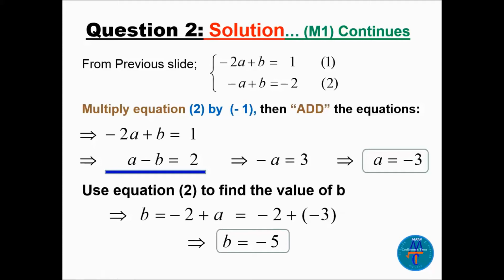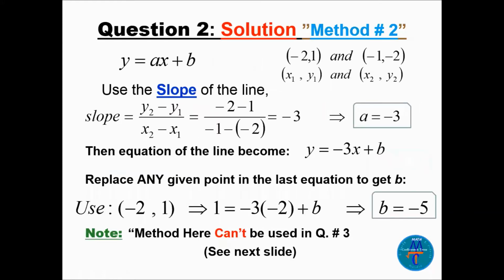Now let's see method number 2. Then you can compare. Method number 2: since this is a straight line, y equals ax plus b, we can use the slope of the line. The slope of the line has a formula: y2 minus y1 over x2 minus x1. And these numbers are from any 2 points that lie on the line.